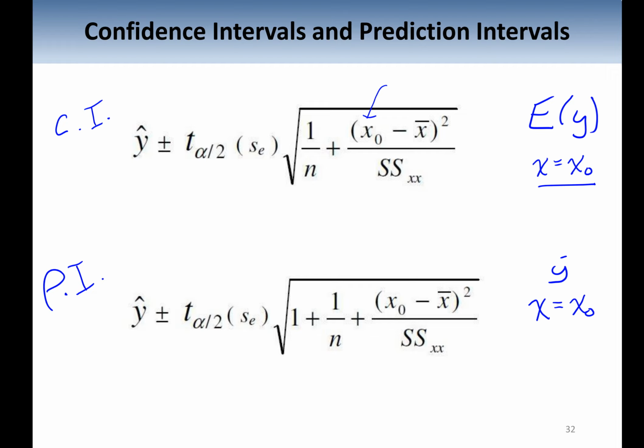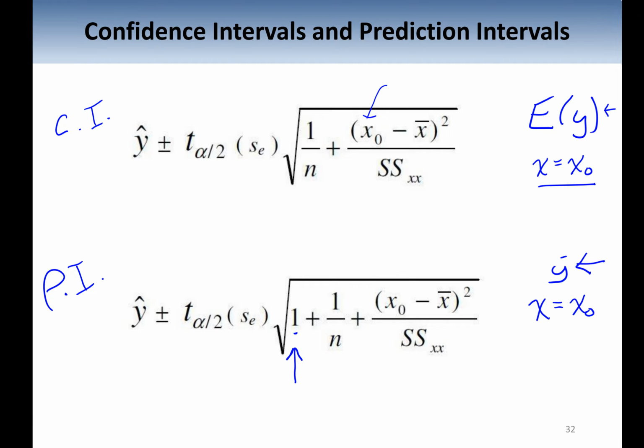Because we're predicting a single y, we have to have this value 1. It comes with elaborate proofs that we won't go into in this course, but if you compare the confidence interval with the prediction interval, the only difference is this number 1 right here. So this is a wider interval. The prediction intervals are wider because we're only predicting a single y, whereas for the confidence interval we're predicting what the average would be.